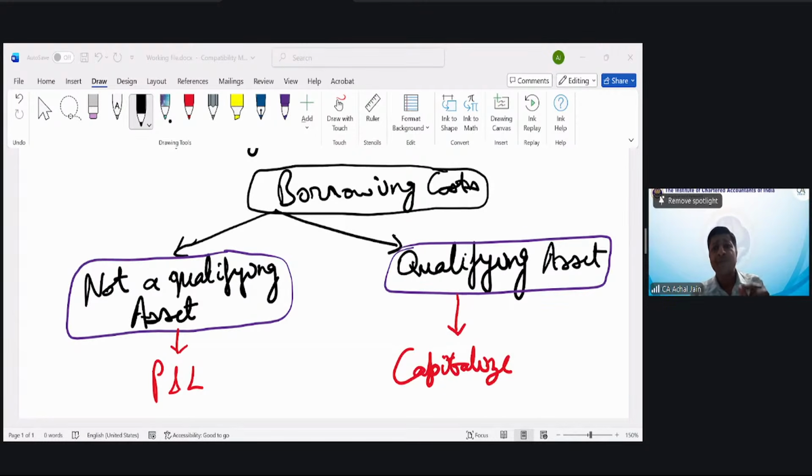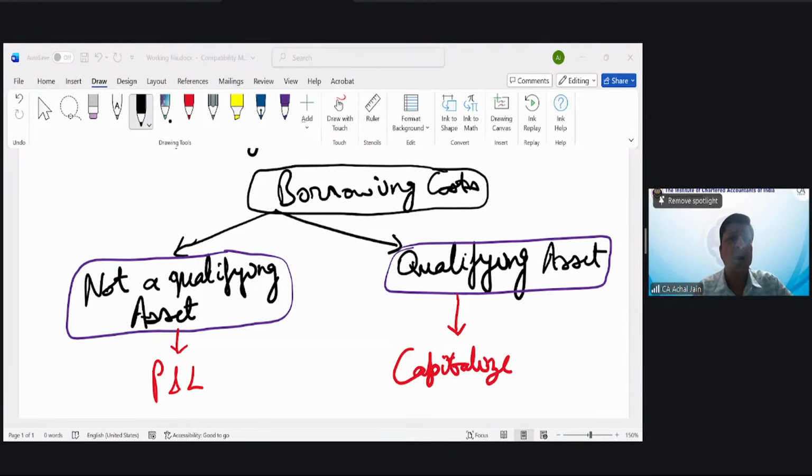Now, this borrowing cost can be one of those cost components. But now we are just getting into the details of this particular cost component, not about all the cost components which will go to PPE.